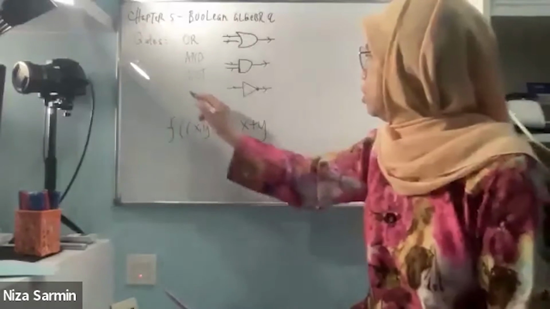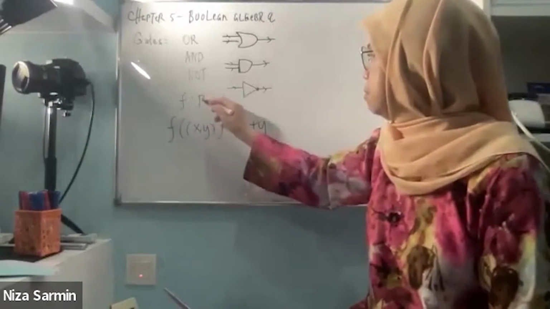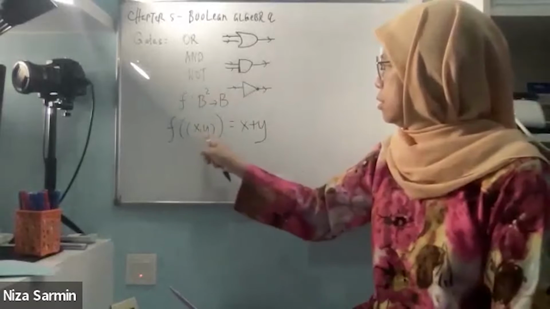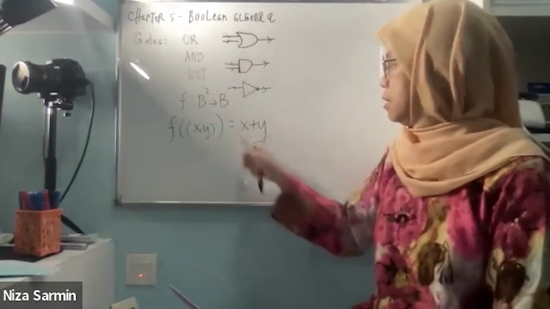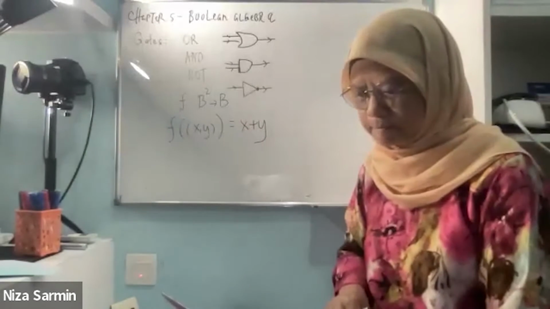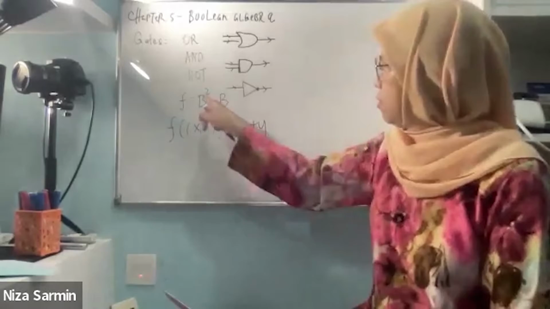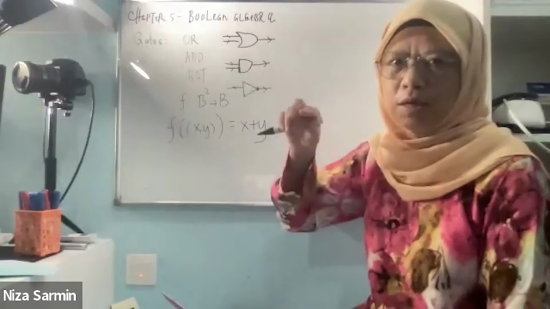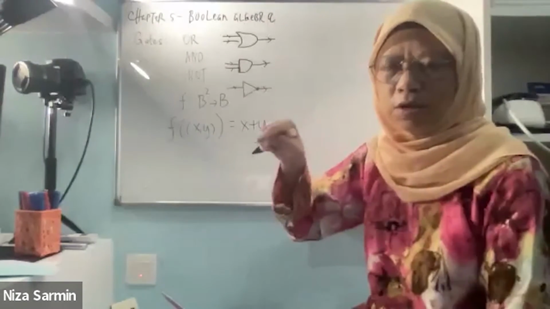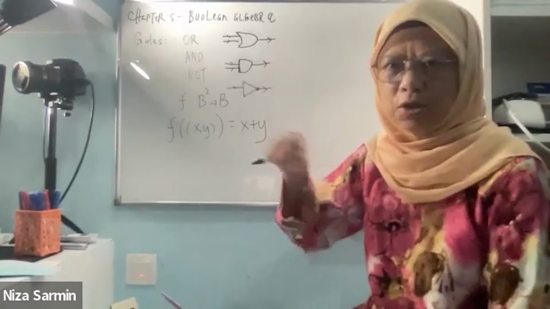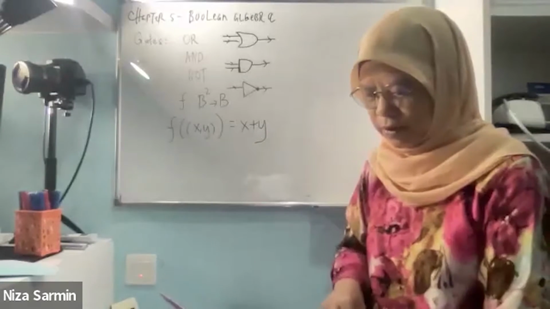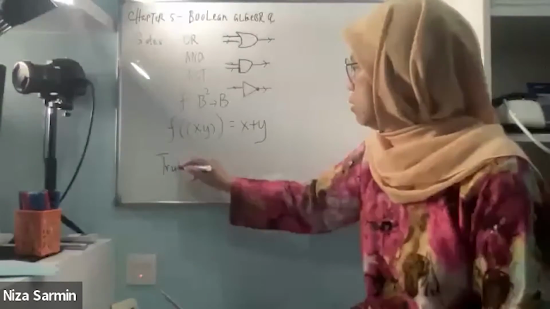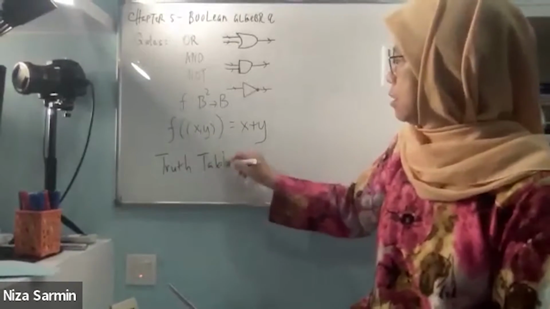So we know that this is from b squared to b because this is 2, right? And then this is just 1. So if it's b2, you know the domain is 1, 1, 1, 0, 0, 1, 0, 0, right? For that one. Okay, and then we look at the truth table, right?